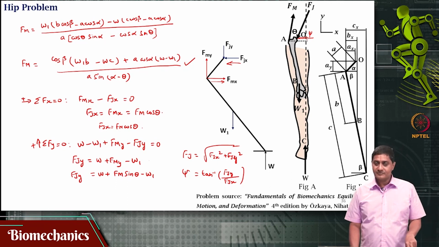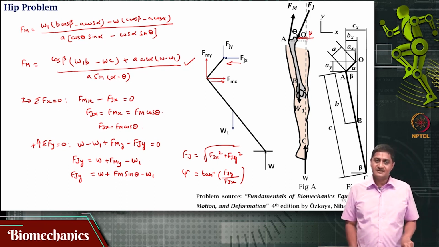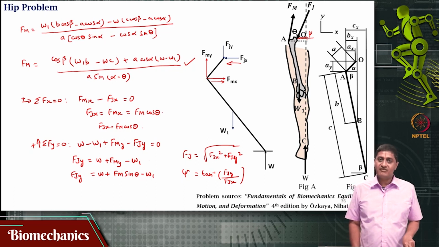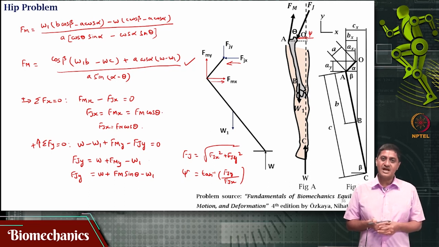In the exam, you will be given numerical values of small a, b, c, theta, alpha and beta and weights. You will be asked to find the numerical value of Fm and Fj. This would of course involve quite a bit of computation. So, unless you practice this with dedication and motivation, it will be very challenging for you to solve this in the exam.